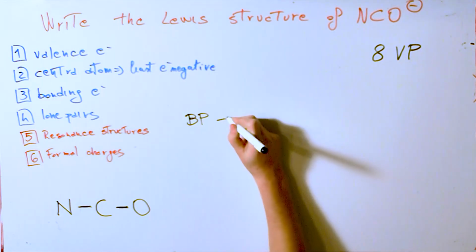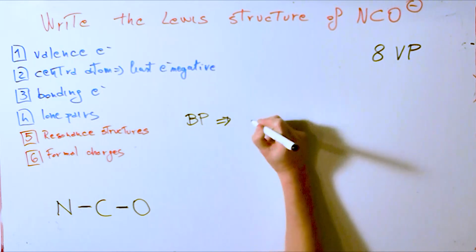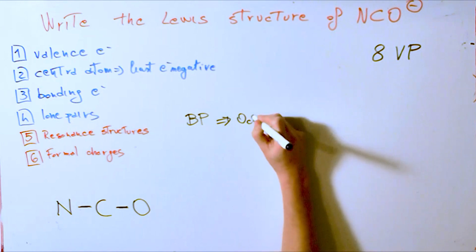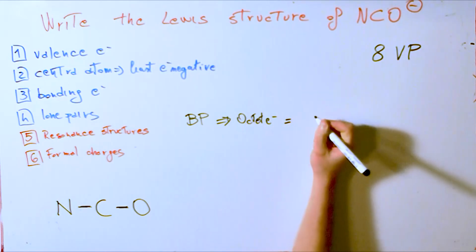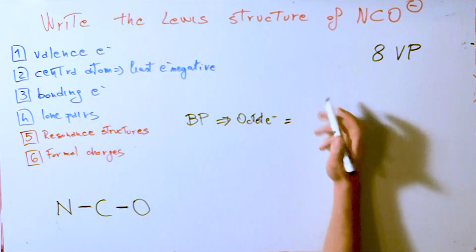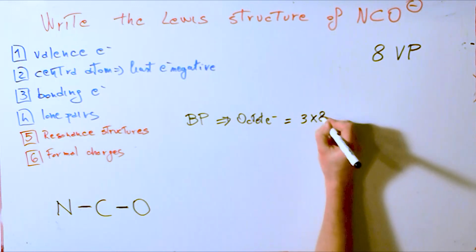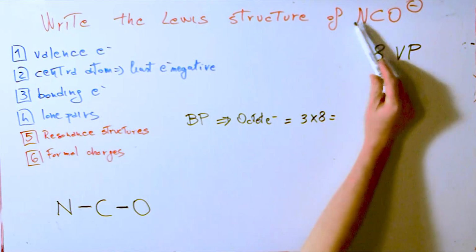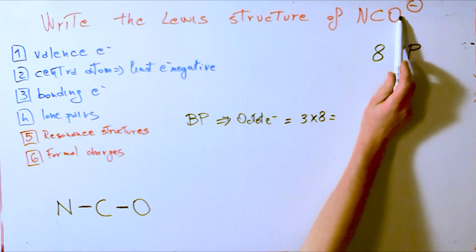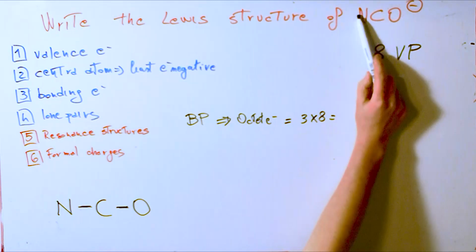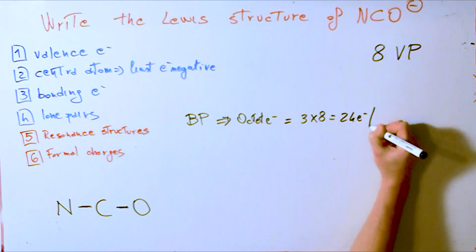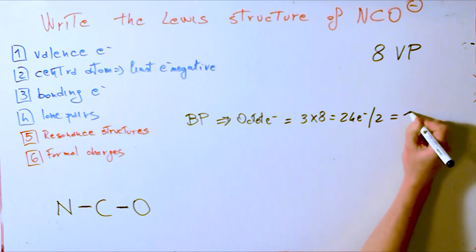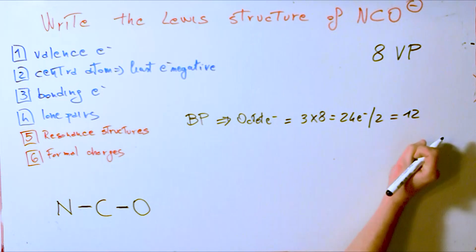Let's move on with the bonding pairs of electrons. Bonding pairs can be calculated after the calculation of the octet electrons, as usual, which this time is 3 times 8, because all of these atoms follow the octet rule. So 8 plus 8 plus 8 equals 24 electrons, and divided by 2 is 12 octet pairs of electrons.